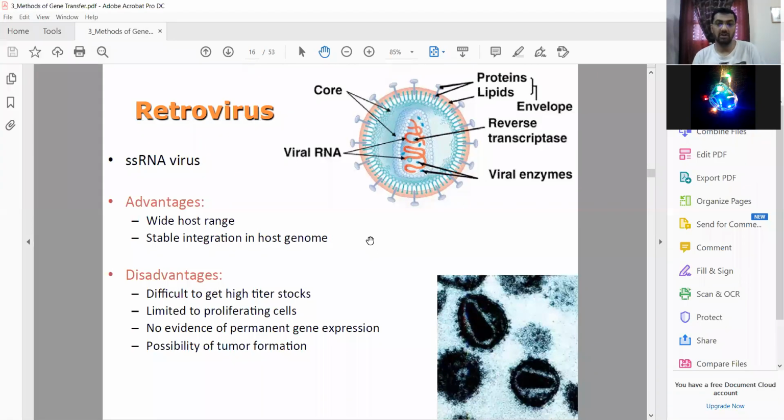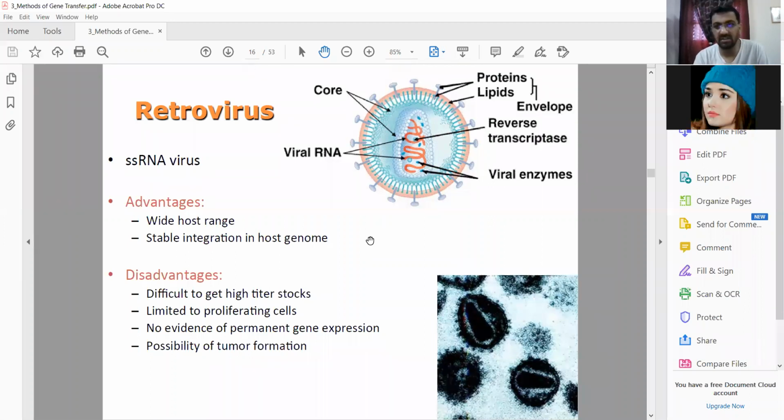Non-proliferating or non-dividing cells could not be transduced with these retroviruses. And the other problem is their oncogenic properties, meaning tumor formation properties of these retroviruses is also one of the pitfalls of these retroviruses.